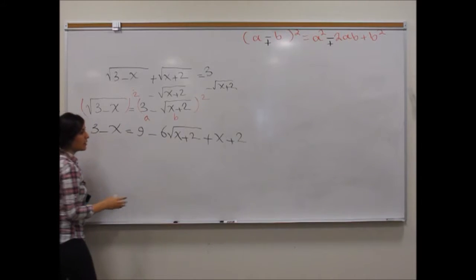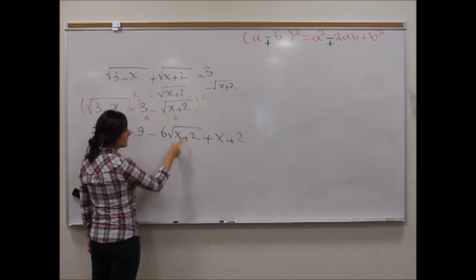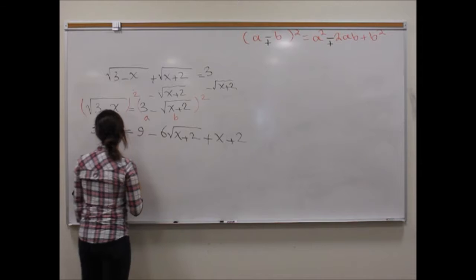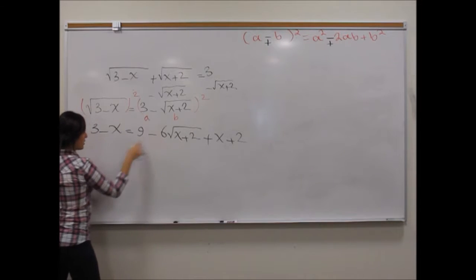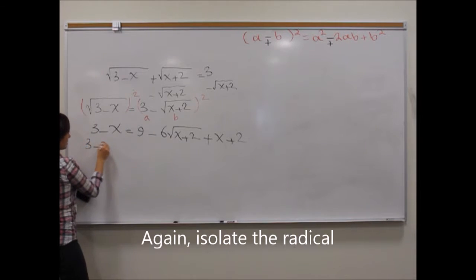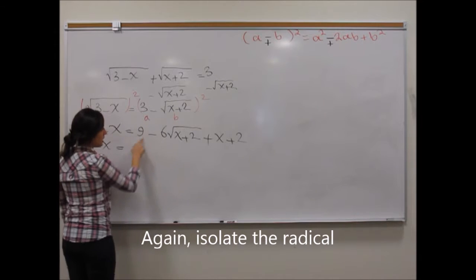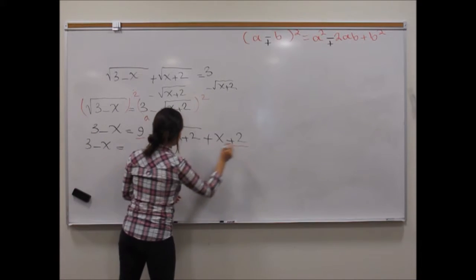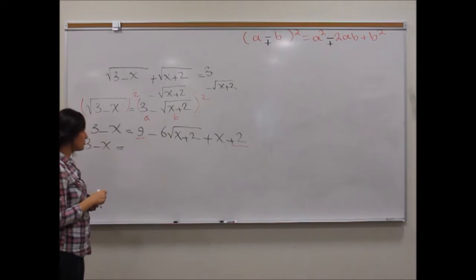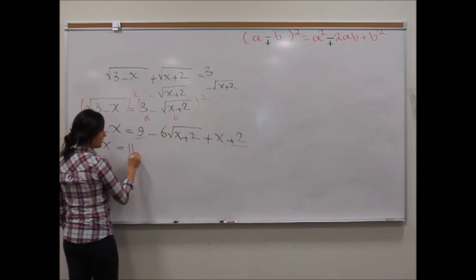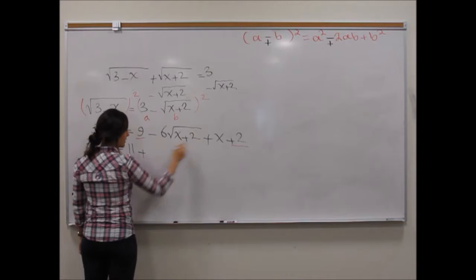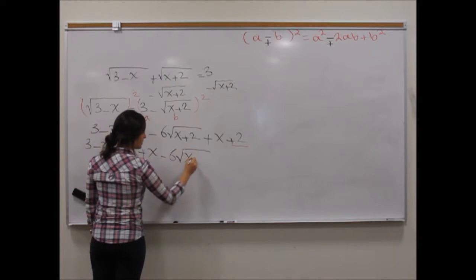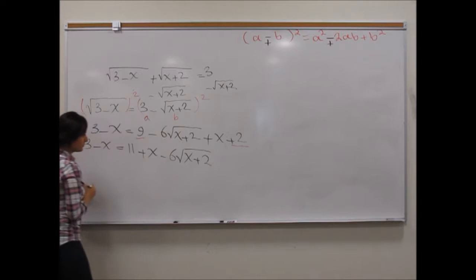So now I'm going to have to isolate this radical to be able to eliminate the radical. So first let's try to organize it a little. This is 9 and this is 2, so these are the like terms. I'm going to add them together. 9 plus 2 is 11, so I have 11 plus this x minus 6 times rad x plus 2.